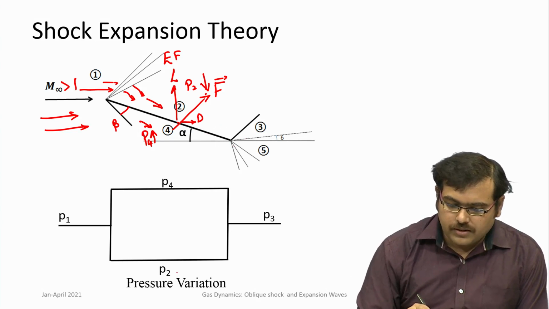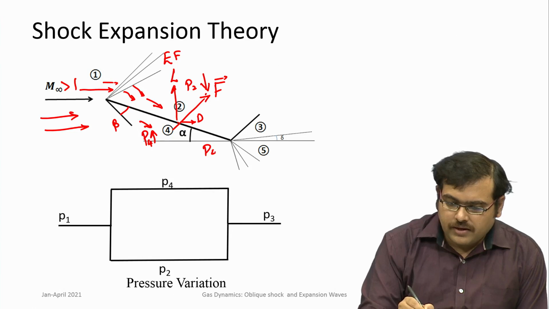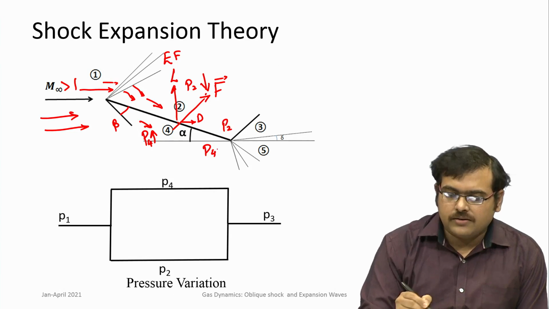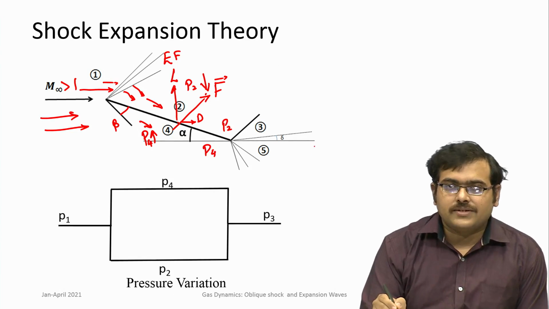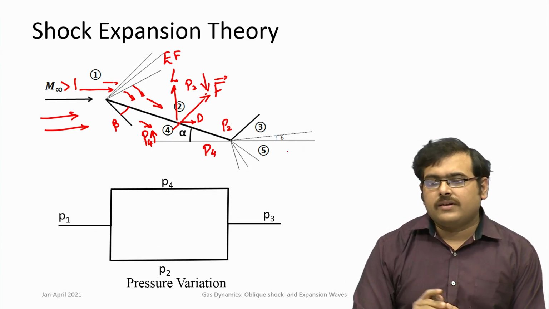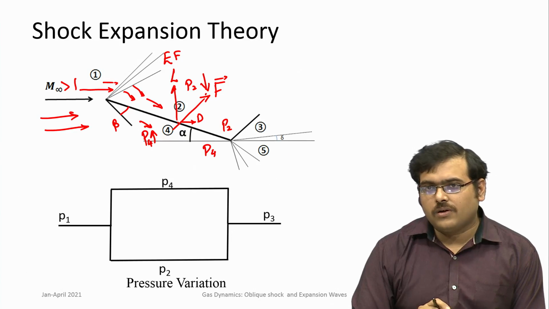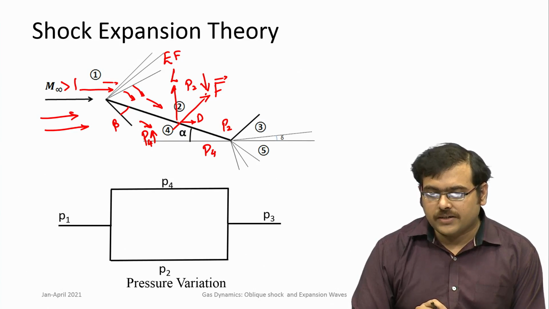It is P4 down here and it is P2 up here. Of course, at the end of the trailing edge, they cannot have any pressure difference, because there is no longer a solid surface to sustain a pressure difference. So, pressures have to get equalized.